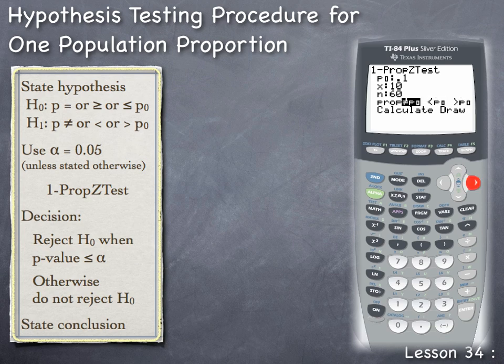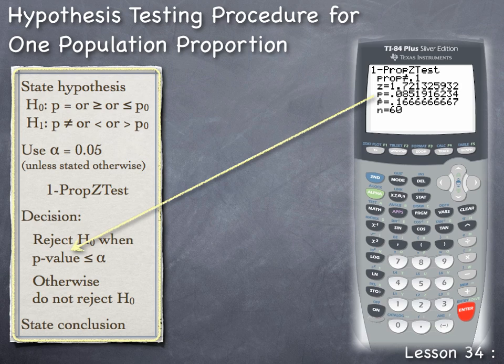We just arrow over to the one that matches the one in our test, press enter to select, and then down arrow to calculate. Pressing enter will calculate the p-value, in addition to other results. But the one that says p equals is the p-value that we're going to use to reach our decision. Not to be confused with the p hat, which is the sample proportion.